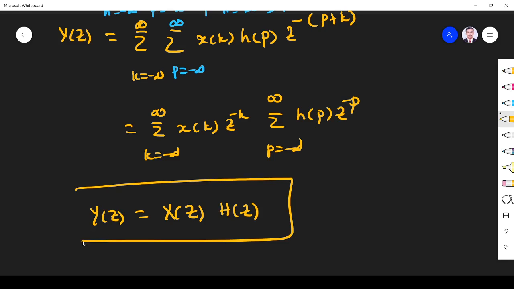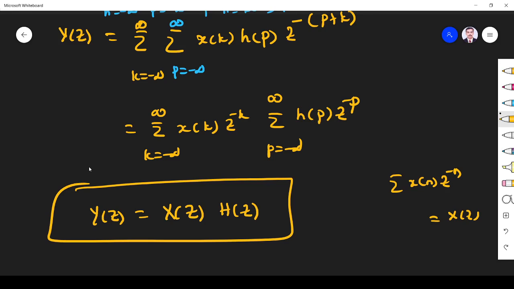So the general formula is what? Summation of x of n z power minus n is equal to X of z. So instead of n, we have everything in terms of k, so it is a variable, and we can write X of z. Similarly, instead of n, we have everything in terms of p, so H of p gives H of z. So Y of z.